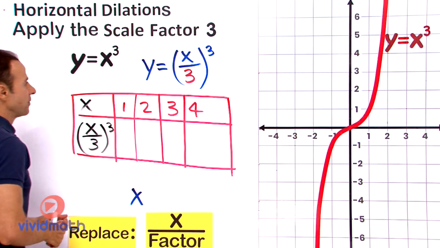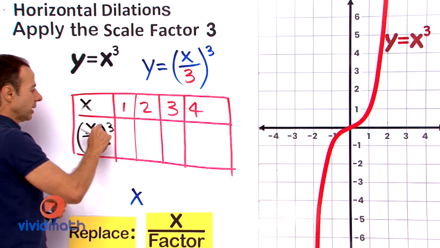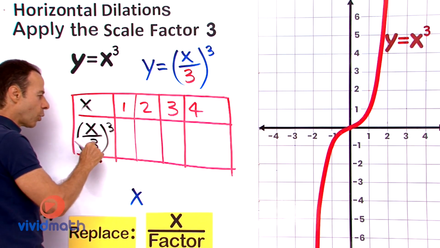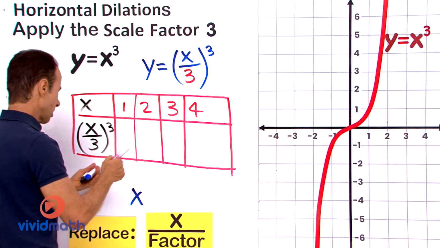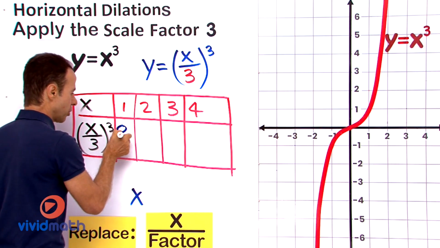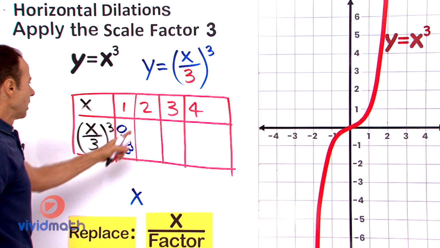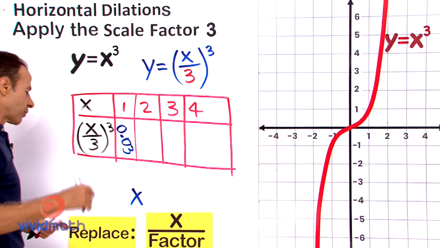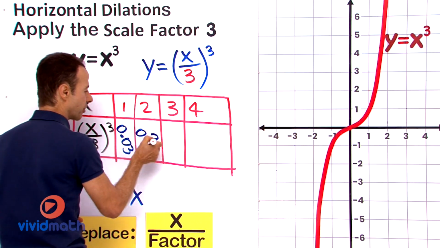Okay, let's start putting some values in here. You can use your calculator. Replace x with 1. 1 over 3 is 1/3. 1/3 to the power of 3 on your calculator is going to give you approximately 0.03. Let's take 2. 2 over 3 is 2/3. 2/3 to the power of 3 on your calculator is going to give you approximately 0.3.